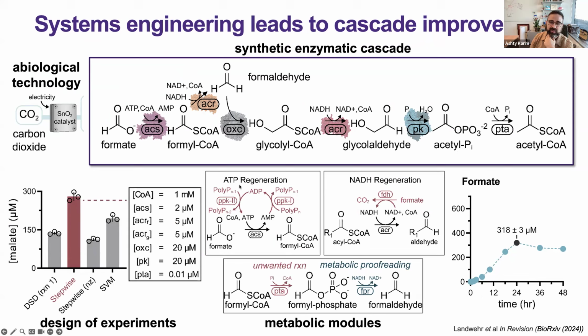We can add ATP regeneration modules that have been published before, NADH regeneration, and metabolic proofreading enzymes to ensure that we get both carbon and energy flux through our pathway.